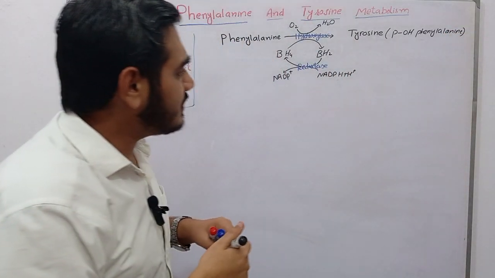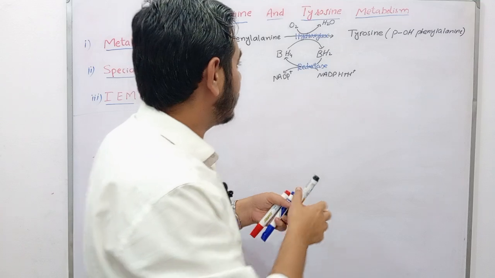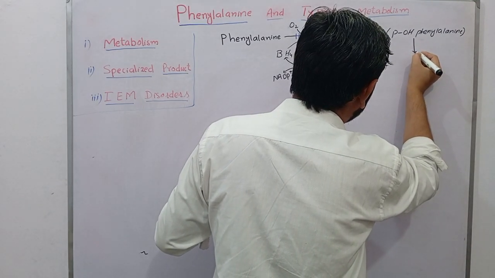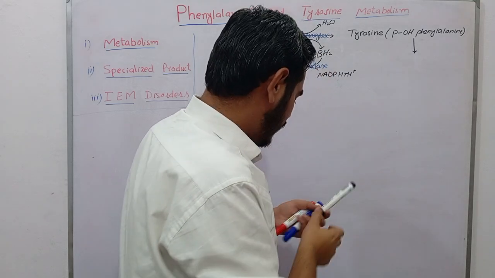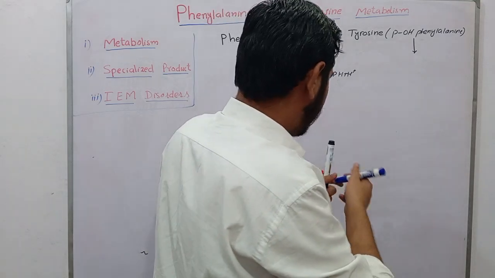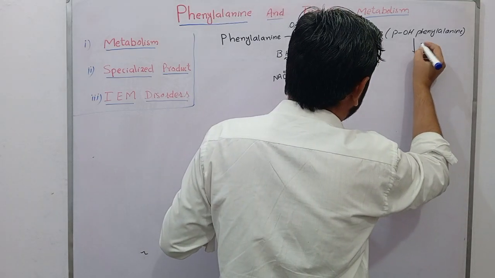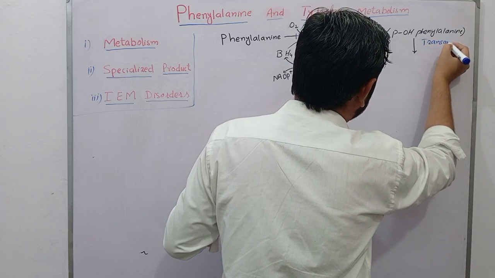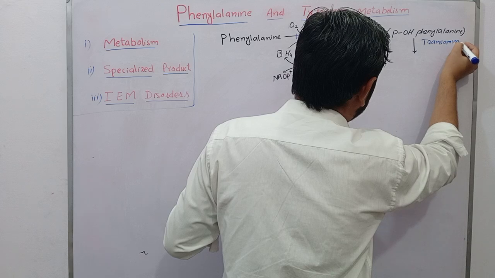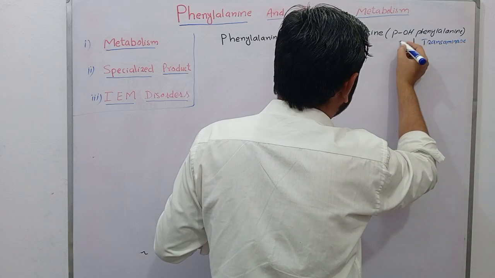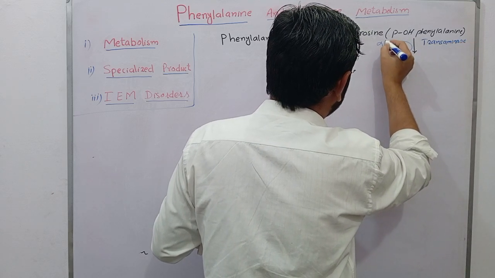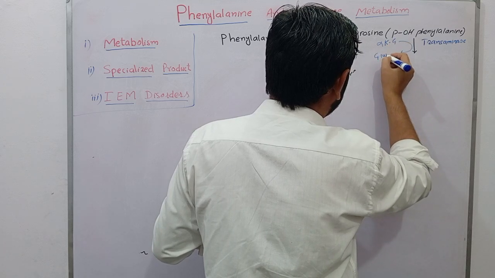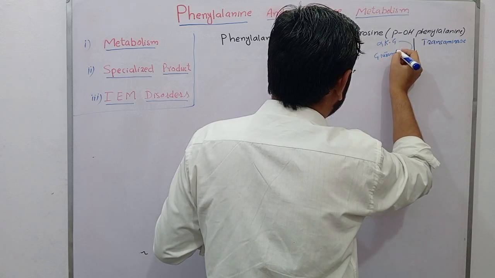Okay, so in the next reaction, this para-hydroxyphenylalanine, by the action of transaminase enzyme, and here alpha ketoglutarate converts into glutamate.